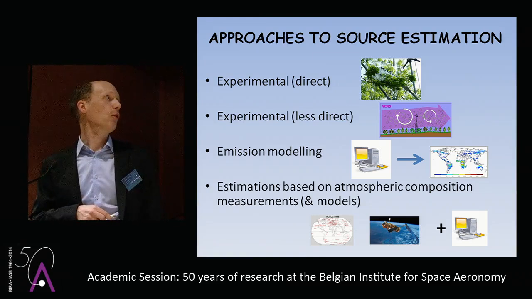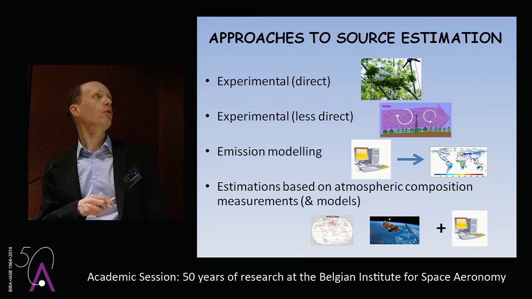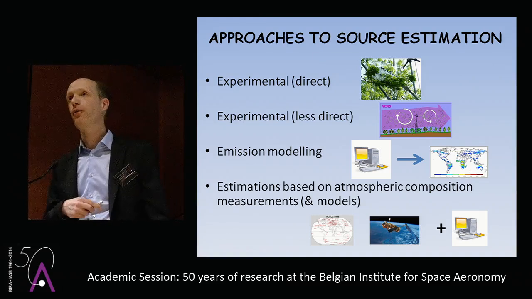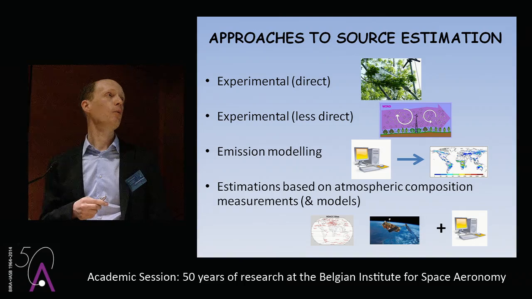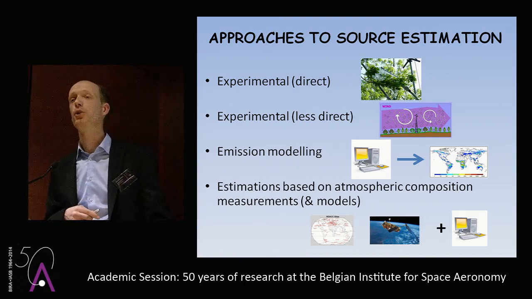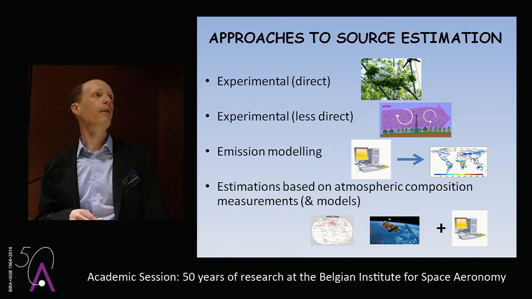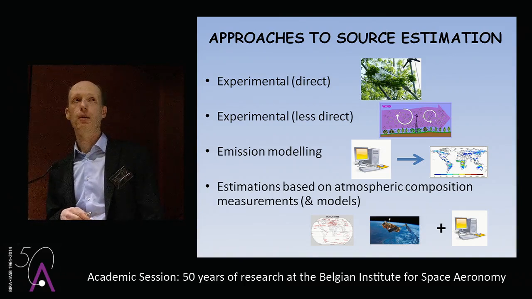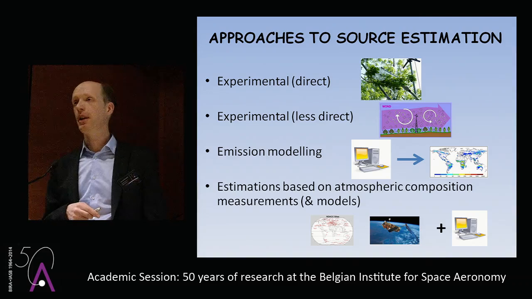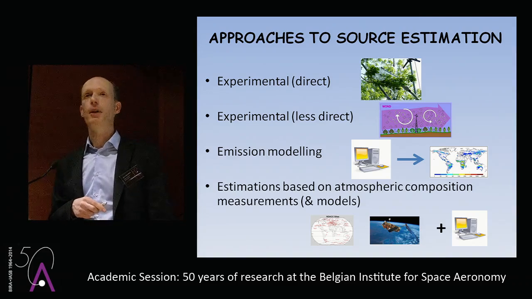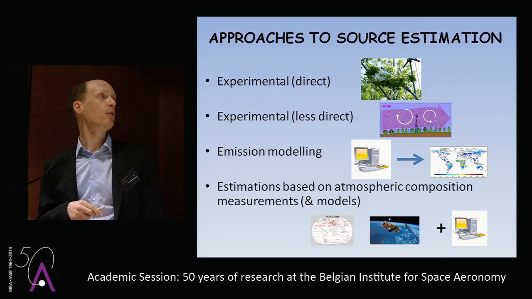And that's called emission modeling. You are trying to use the flux measurements in combination with models, with algorithms, and with suitable proxies in order to derive emission maps like this one. Of course, this extrapolation is very uncertain. There are many problems with that.